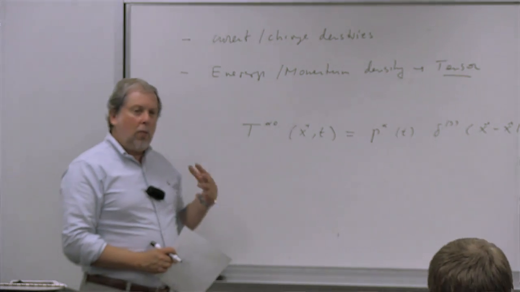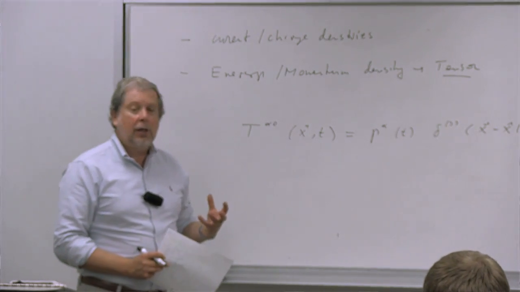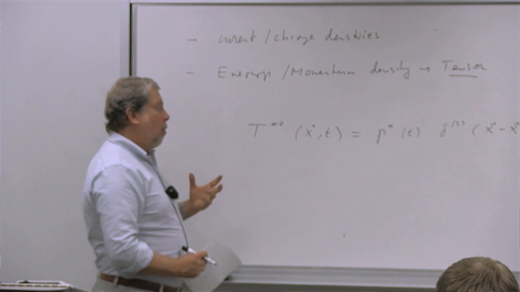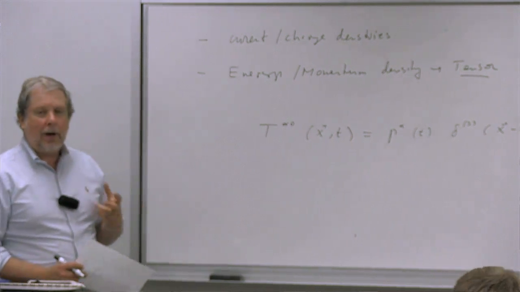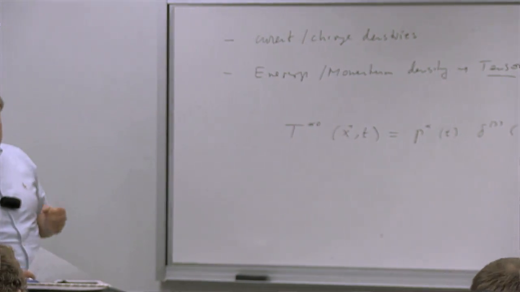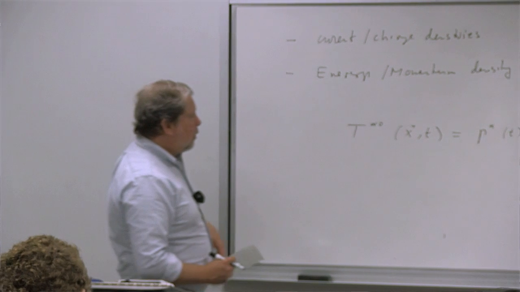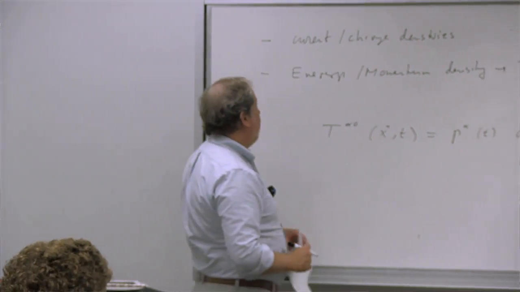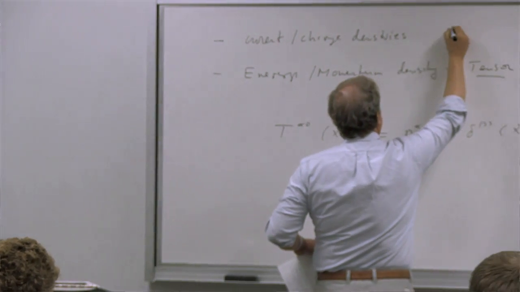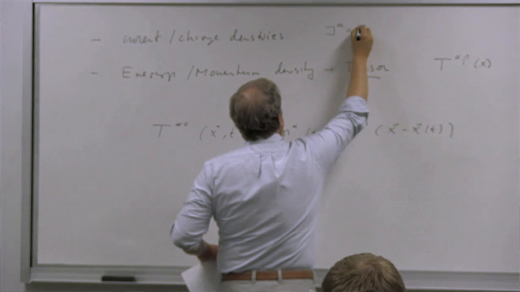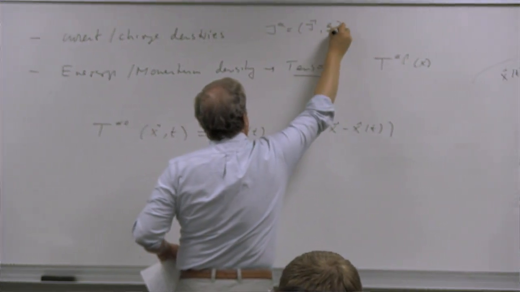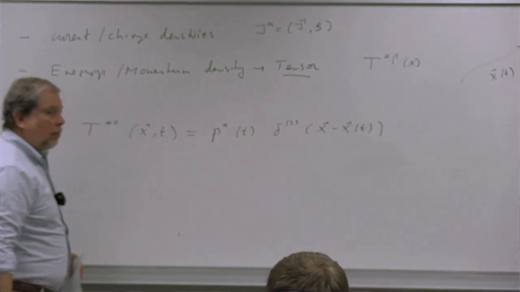And you wonder, well, why is it in the first place that energy and momentum of a particle is described by an object that has two indices instead of one? Well, the reason why it has more indices, right, because the current and charge density were described just by a J alpha, which you remember was just J and rho, right?